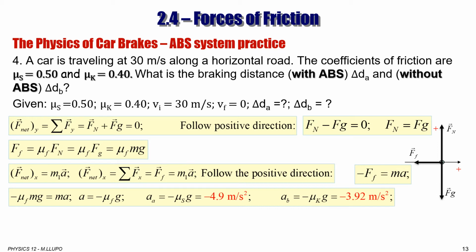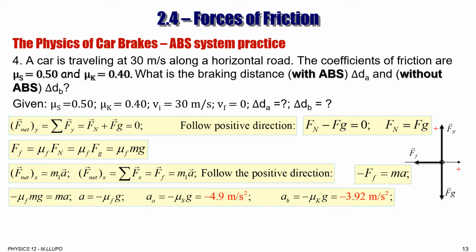Now, with ABS, the acceleration is based on static force of friction. As we mentioned, the whole role of ABS is to keep the wheel rolling, to keep the contact between tires and the road static. So static force of friction has to apply.